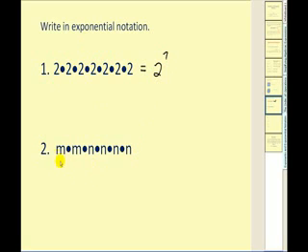This next example, notice how all of these factors are not the same. We have 2 factors of m and 4 factors of n. So in exponential form, we would have m to the second power, m squared, and n to the fourth power. The reason I threw this one in here is we have to make sure that our bases or the factors are the same before we attach an exponent to condense.